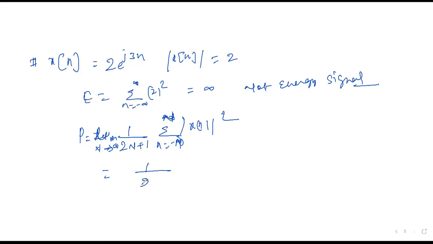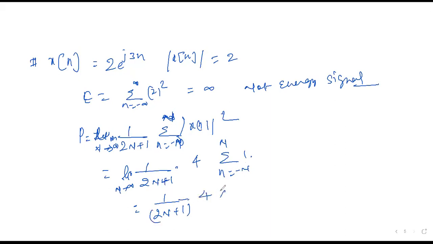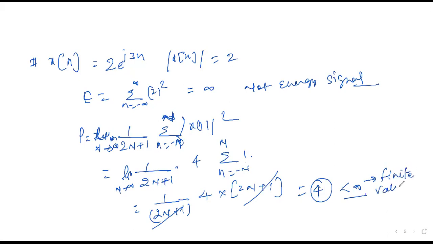So this can be written as 1 upon 2n plus 1 into 4 into summation from minus n to n of 1. So limit n tending to infinity of 1 upon 2n plus 1 into 4 times 2n plus 1, and this is equal to 4, which is less than infinite, a finite value. So it's a power signal, not an energy signal. Got it?